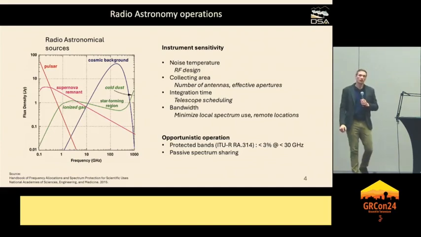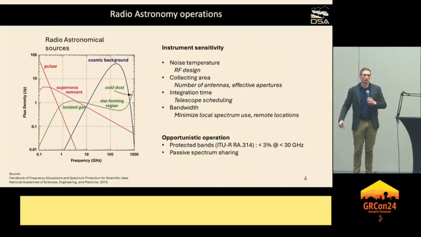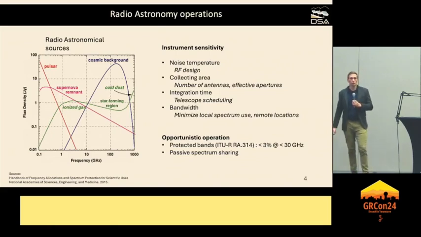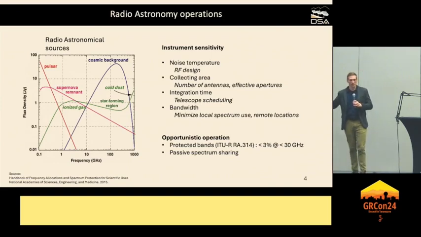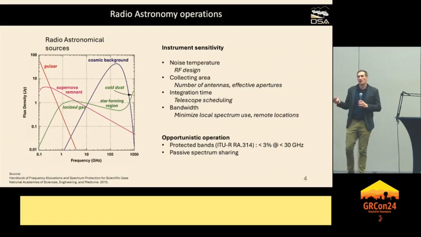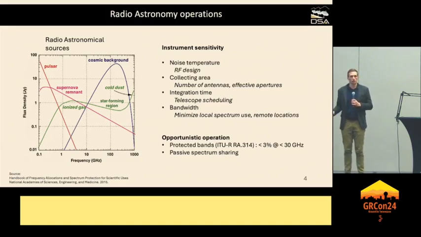The problem, of course, is that as radio astronomy users, we have to share the spectrum with active users, right? We're completely passive, we don't transmit anything, but we have to deal with people who transmit things at other frequencies. And radio astronomy has some frequencies that are allocated to the radio astronomy service, which you can find in the ITU documentation. I'm sure the ham license will touch on that as well.